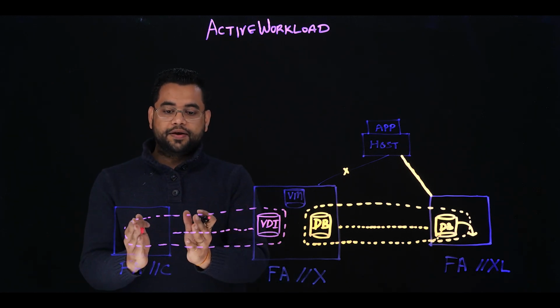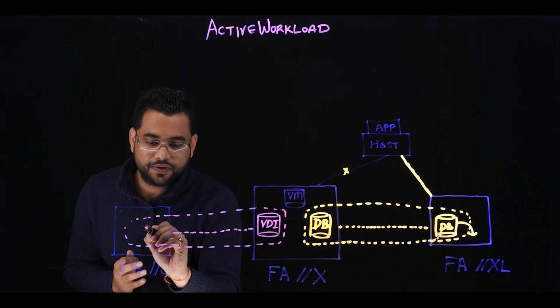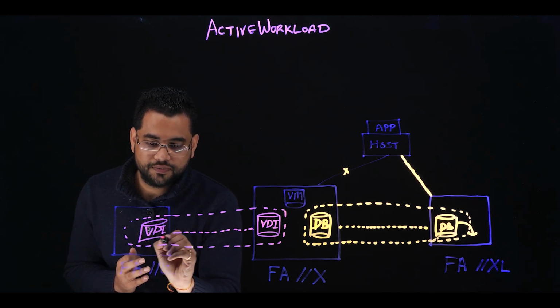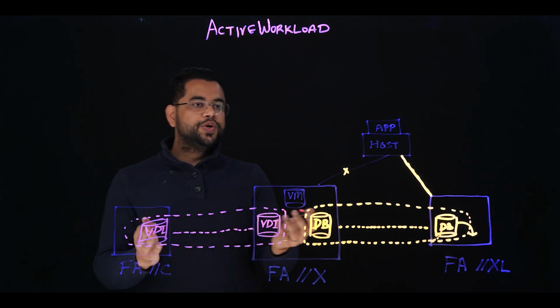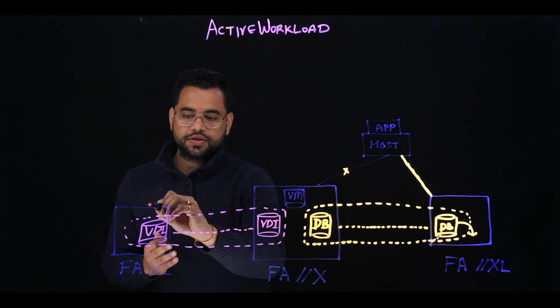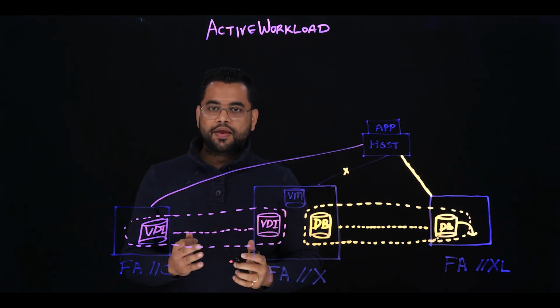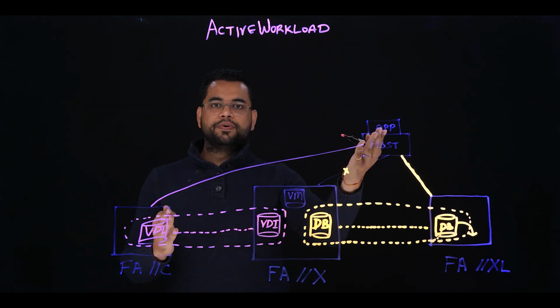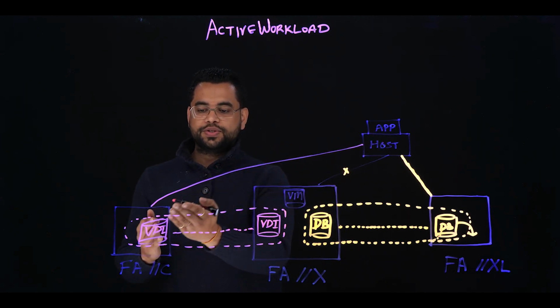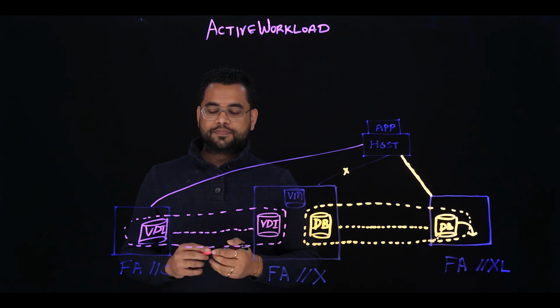and start replicating it. Once it shows up on the second FlashArray, you would do the same host connection from here to here, and then allow the app and the host to forward the IOs onto the second FlashArray.